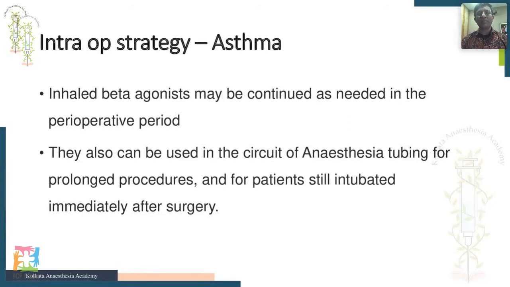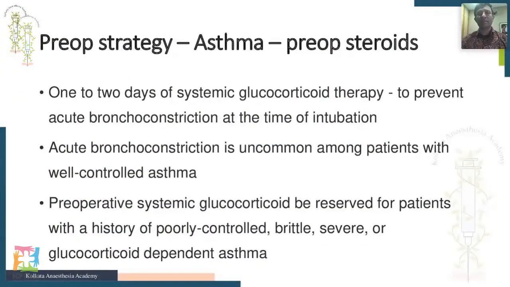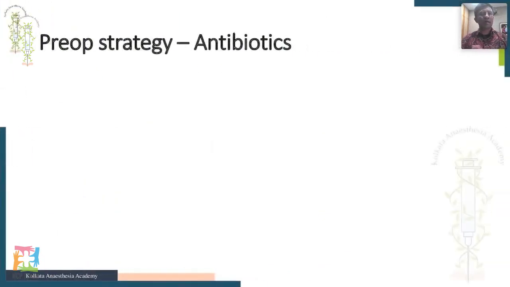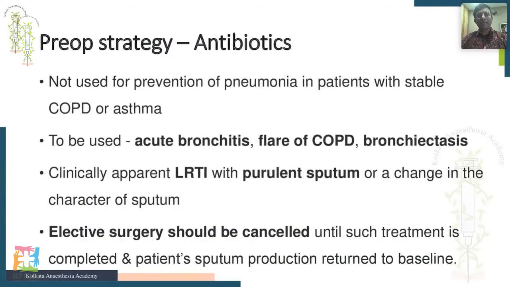I think this is the take-home about asthma, and it can be continued in the intraoperative period as well as in the postoperative period. Should they receive preoperative steroids? Unless it is brittle asthma, if it is well controlled, you do not have to use preoperative steroids just to decrease the incidence of bronchospasm or laryngospasm. There is no evidence on that.